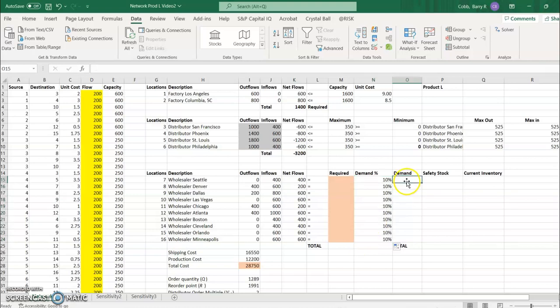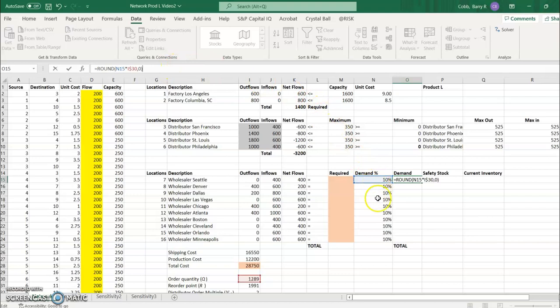And so that means that we'll multiply the order quantity times this 10% assumption for each wholesaler in order to get the demand at each wholesaler that we want to satisfy.